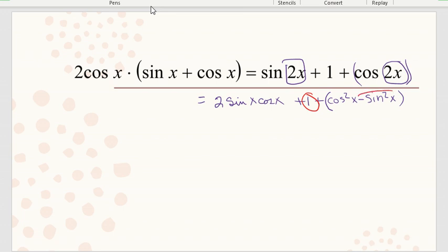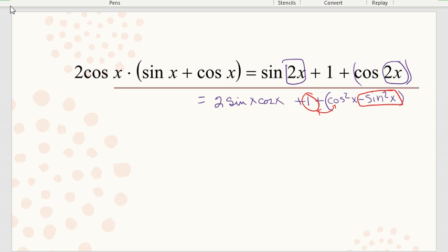So the next thing I'm going to do is look at what I can easily pull together here. And I notice that 1 and a minus sine squared will create something. And guys, it is okay to swap these places to let the 1 and cosine squared combine because they're all attached by addition. They are not attached through multiplication. Now, the 2 sine cosine up front are multiplied, so I wouldn't be able to pull those apart, but I can swap out a plus sign. 2 add-ins can be swapped in order.